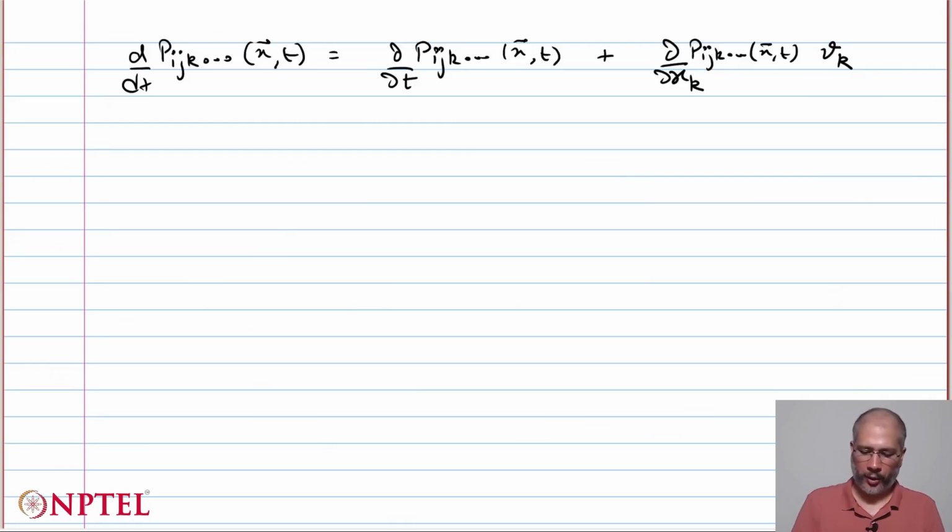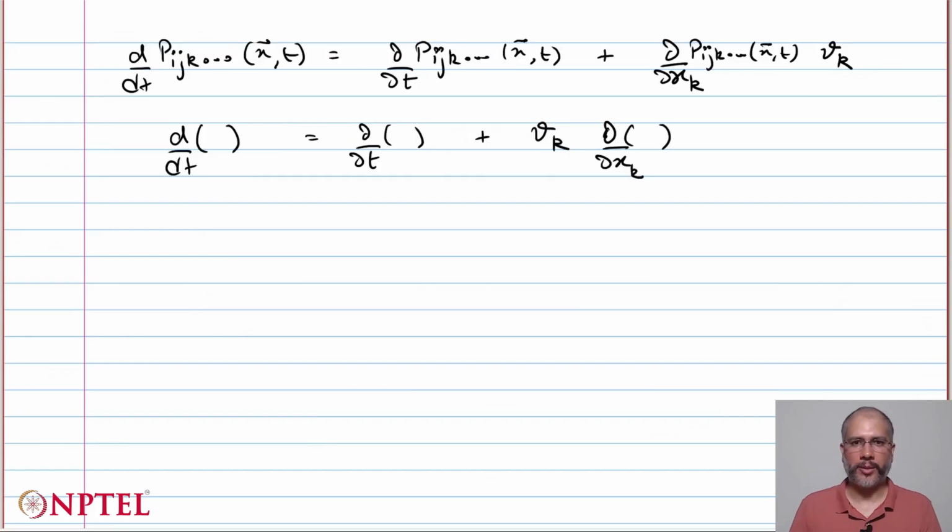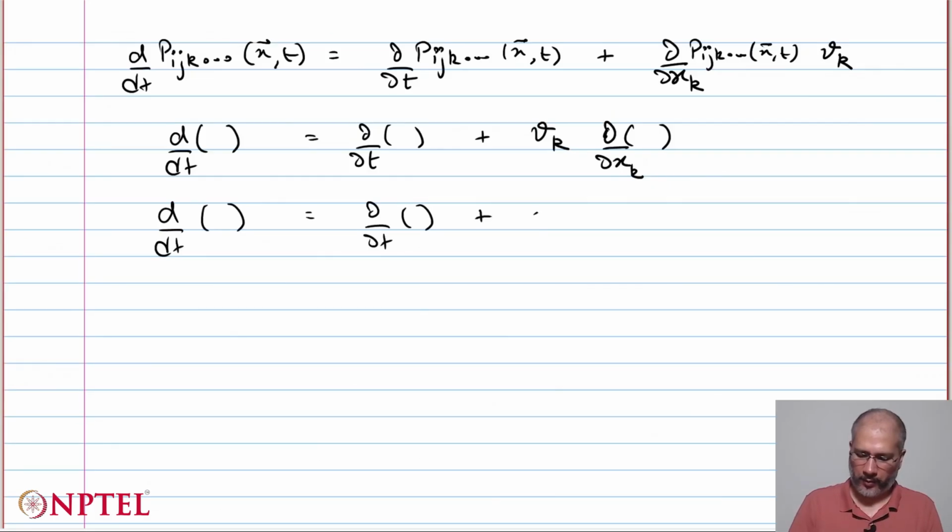So in general, in the operator form, I can write this as d by dt of a quantity expressed in the Eulerian form is partial by partial t of the quantity plus vk times partial by partial xk of the quantity. Or in the symbolic notation, I can write this as the velocity vector v dotted with a gradient of the quantity.